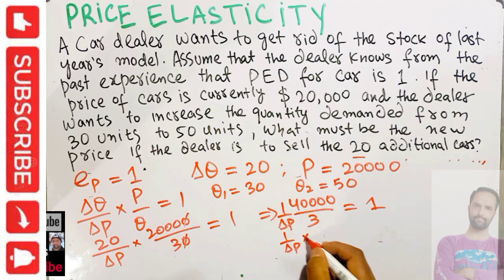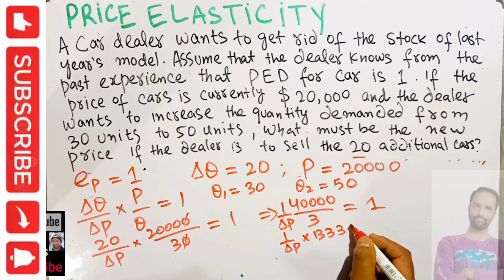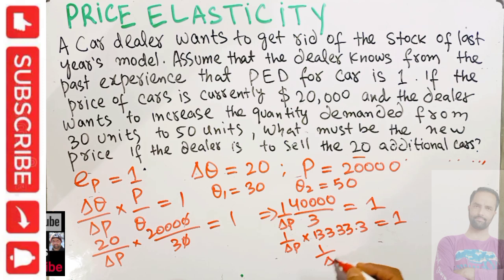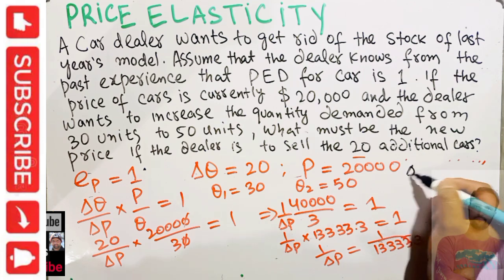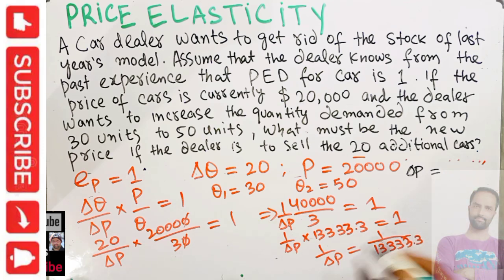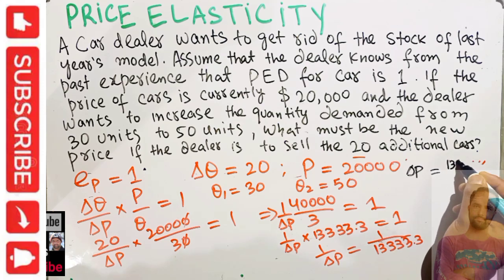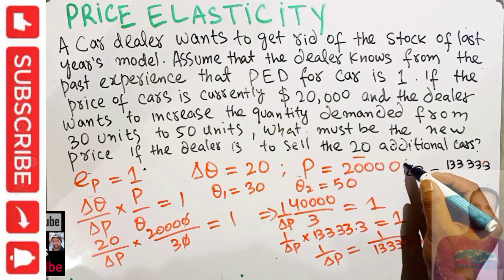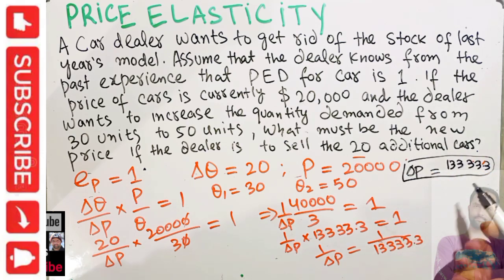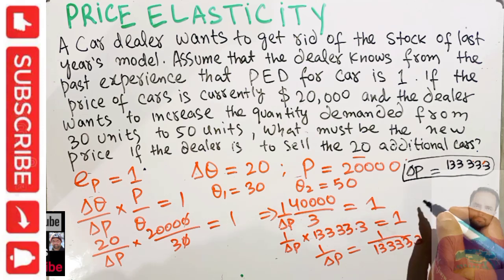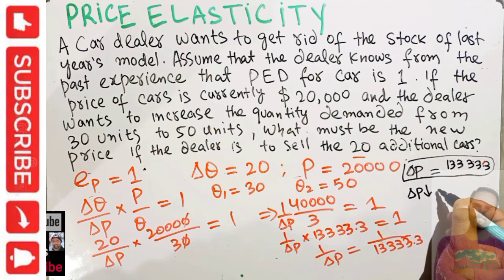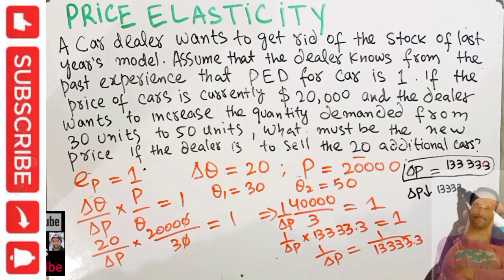So we have 400,000 upon 30, which comes out to be 13,333.3, divided by change in price, and it should be equal to 1. That means change in price should be equal to 13,333.3. So our price should decrease by $13,333.3.